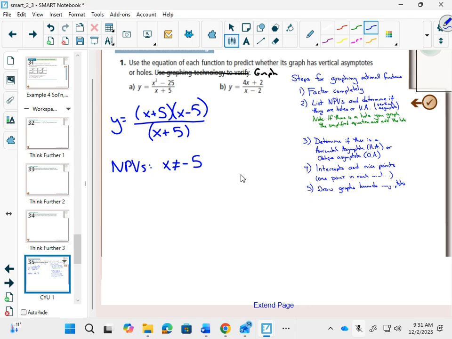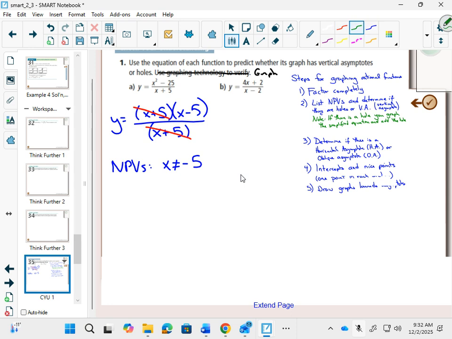And after you've listed your non-permissible value, you have to decide if it's going to be a hole or a vertical asymptote. Does the x plus 5 simplify and go away? Yes. In fact, that x plus 5 is going to simplify.